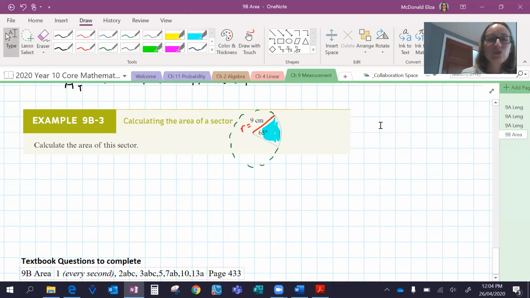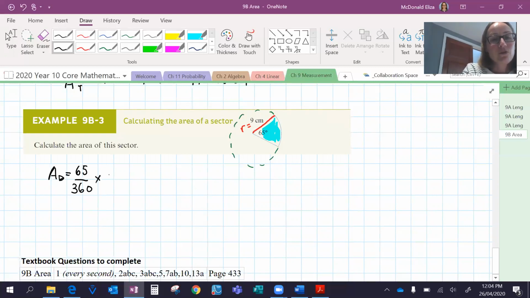So remember, we do that by working out the fraction of the bigger circle. So the fraction in this case would be our 65 divided by 360 degrees within the circle. Now we need to determine, I'm just going to do area of our little sector here. Now we need to determine the actual area of the total circle.